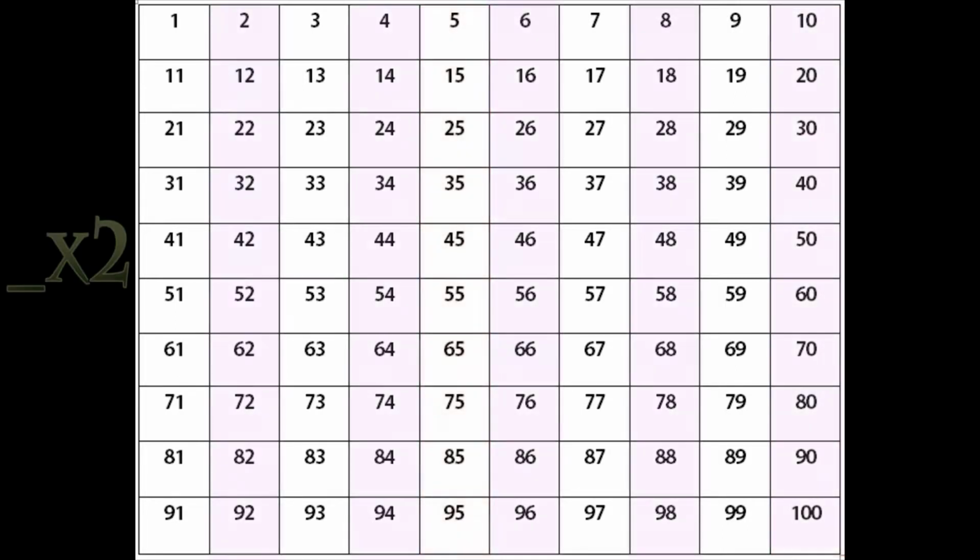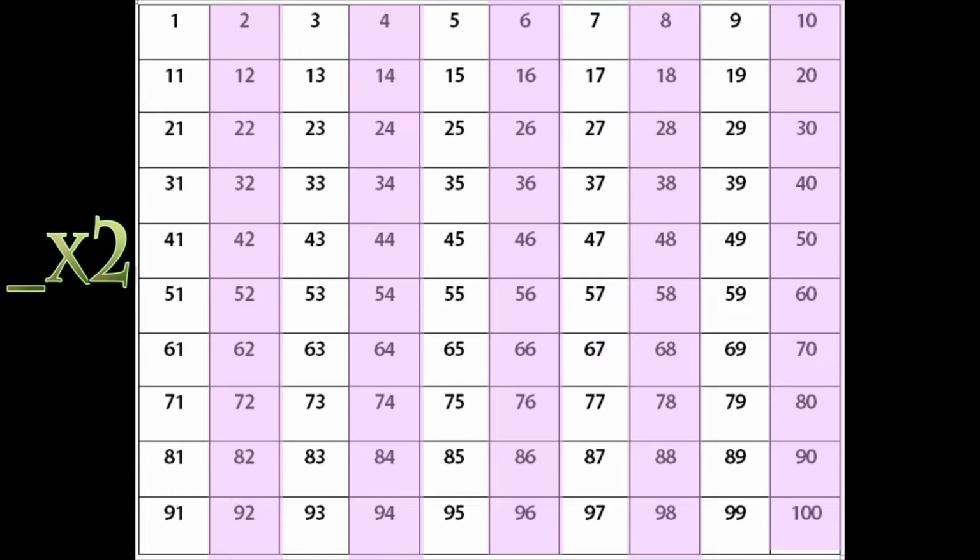The multiples of 2 also line up in vertical columns, but in every other column.